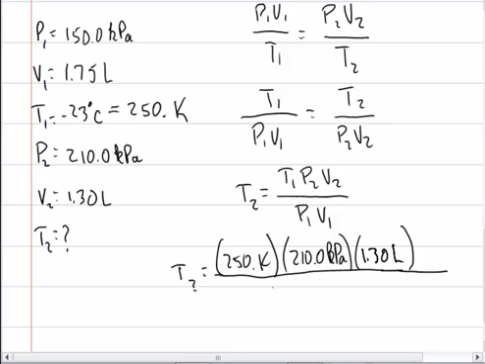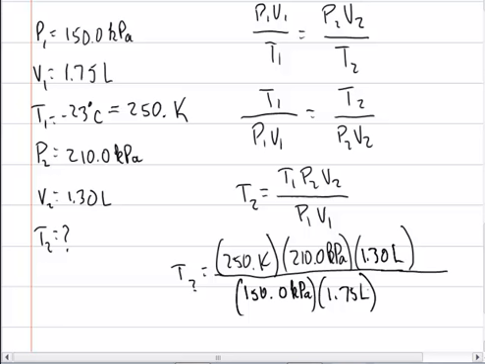Over P1 V1, P1 is 150.0 kilopascals, and V1 is 1.75 liters.